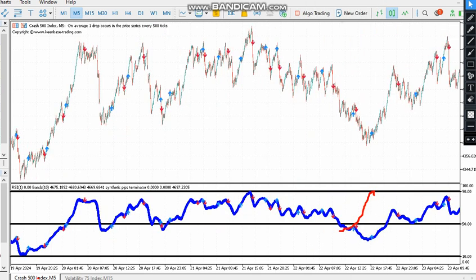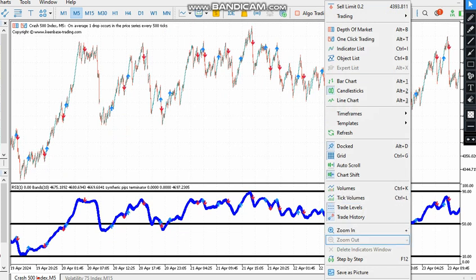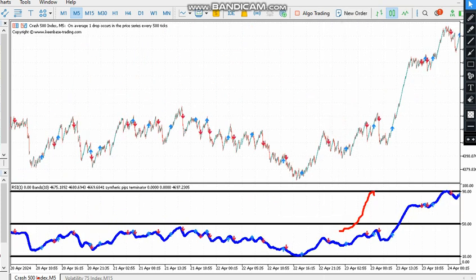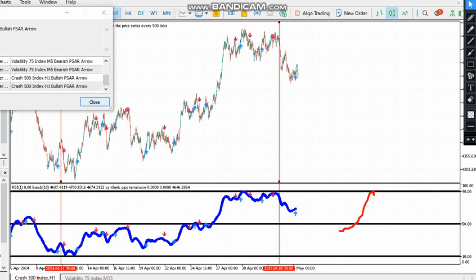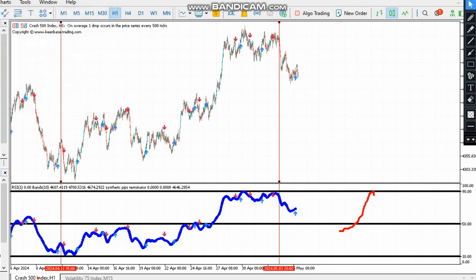Sorry, MT5 has been updated by Deriv and it's not really easy to walk around. Of course, this trading system would give you reminders. So this is it. Right here. It's happening right before our faces.